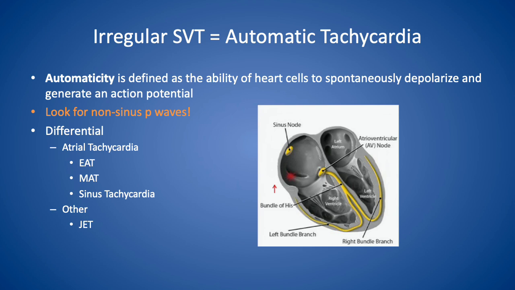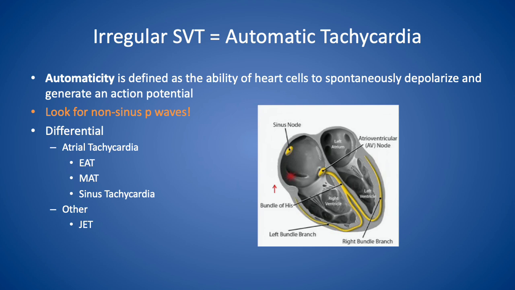Automatic tachycardias really revolve around something called automaticity. Automaticity is defined as the ability of heart cells to spontaneously depolarize and generate an action potential. What that means is, in addition to the sinus node, which fires automatically, every cell in the heart has the capability of spontaneously depolarizing and acting like a sinus node.